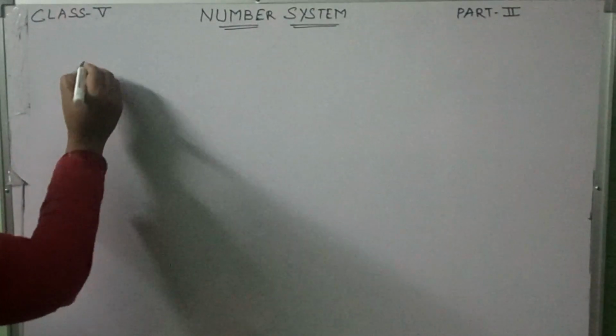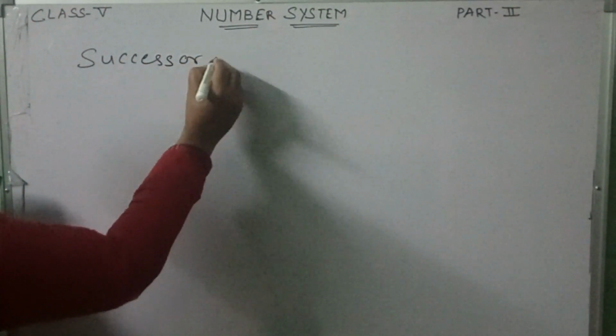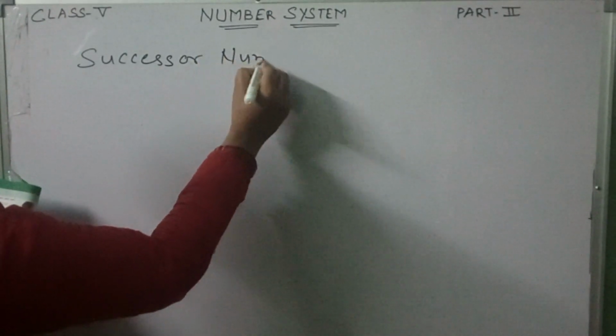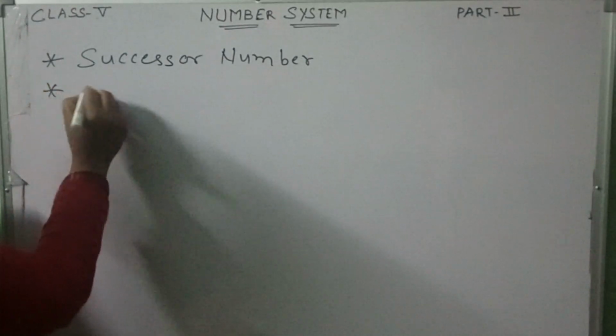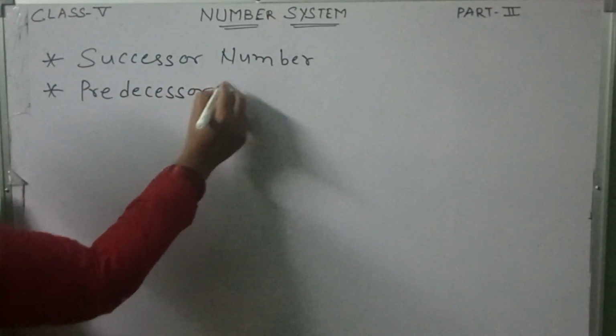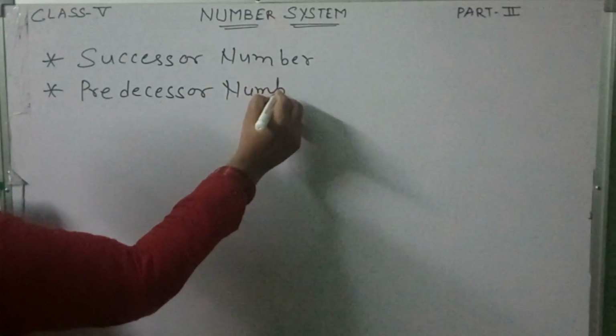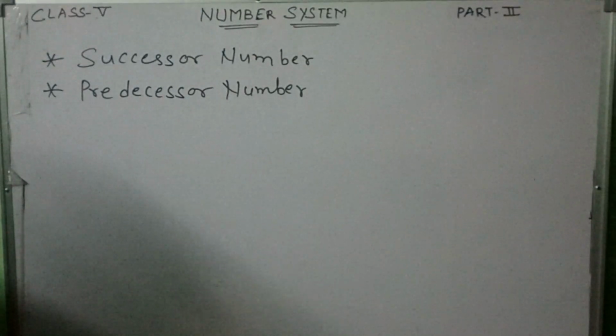Now see, successor number, and first one is the successor and second one is the predecessor. Students, listen. Successor number, predecessor number. What is the successor number?